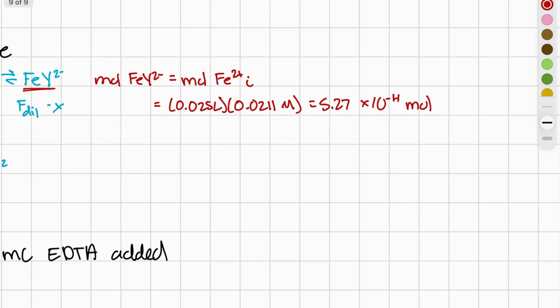But remember, this has now been diluted. We've added some more. We've added that EDTA, so it's not the same amount of moles, right? We started with 25 milliliters, and now we're well above that.